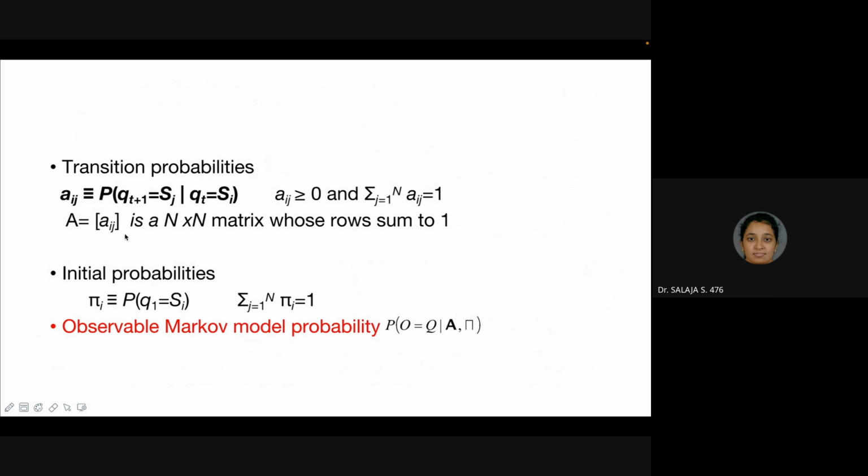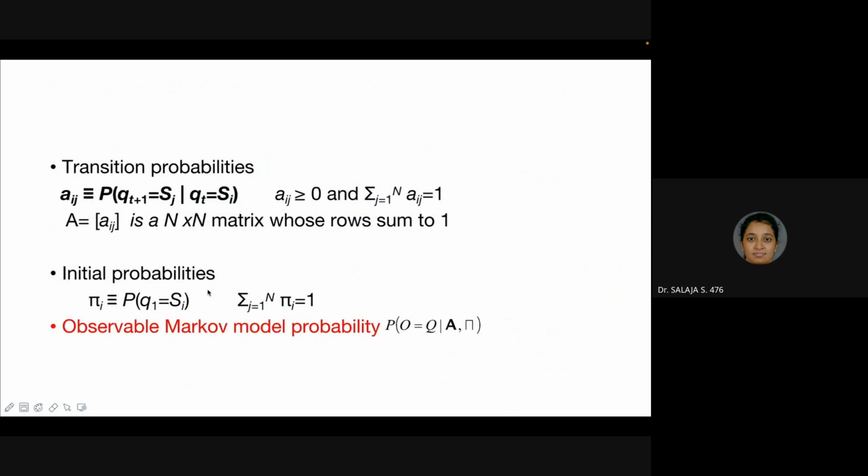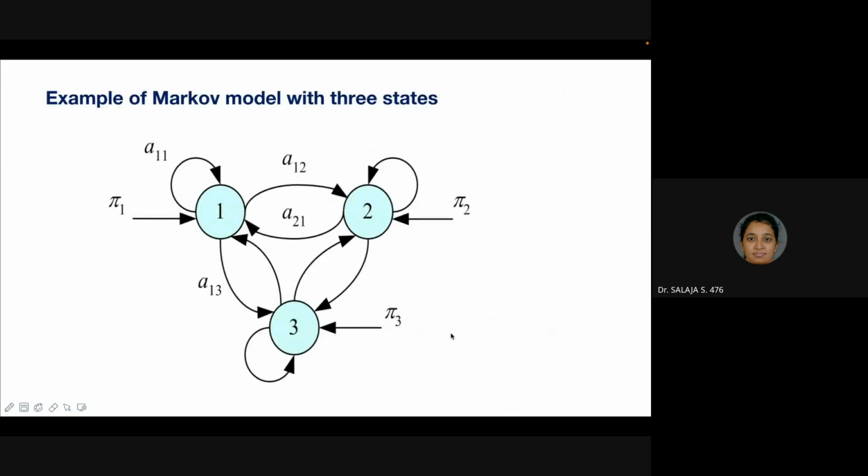So we have an n cross n matrix, which talks about the dependency of one state to itself and from one state to the other, where n is the number of states. To start with, the system works with an initial probability which has been considered as qi. And the observed probability will be equal to q, which we have to calculate based on the transition probability as well as the initial probability.